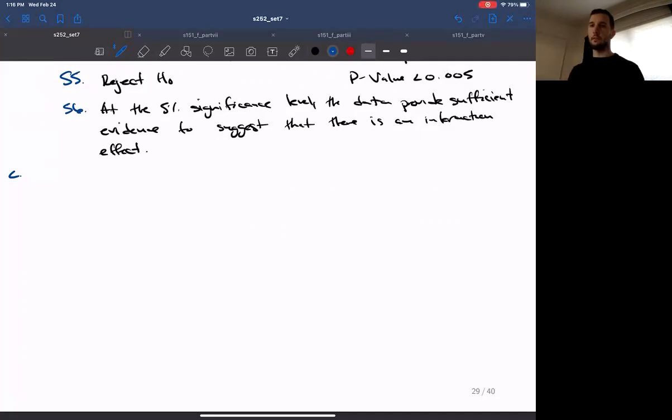The overall test of the system said there's evidence of some difference in means. In part B, we did the test of the interaction term, which gave us evidence that there is an interaction effect. So some treatment combination has a mean that's different from another treatment combination.